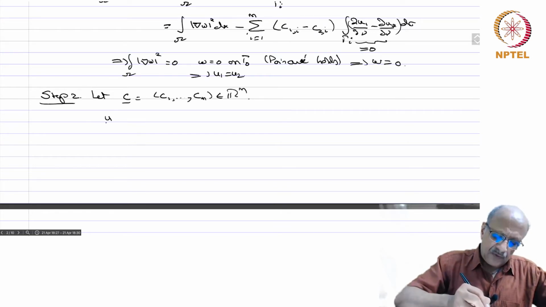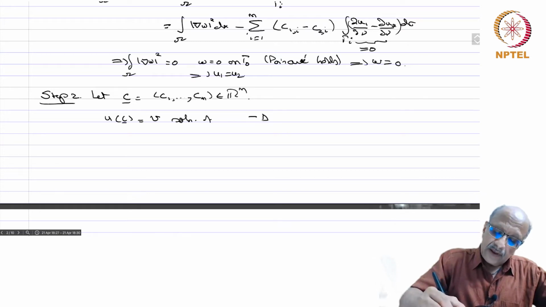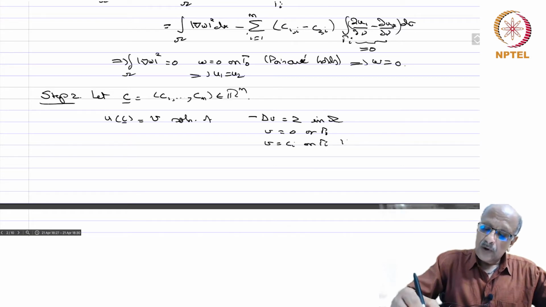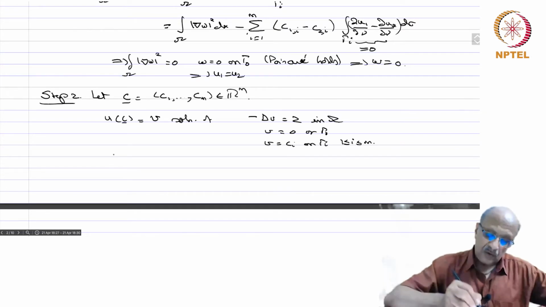So you define u of C equal to V, the solution of minus Laplacian V equal to 2 in omega, V equal to 0 on gamma naught, V equal to C_i on gamma I, 1 less than or equal to I less than or equal to m. So this is a straightforward Dirichlet problem and everything is fine, therefore there exists a unique V.